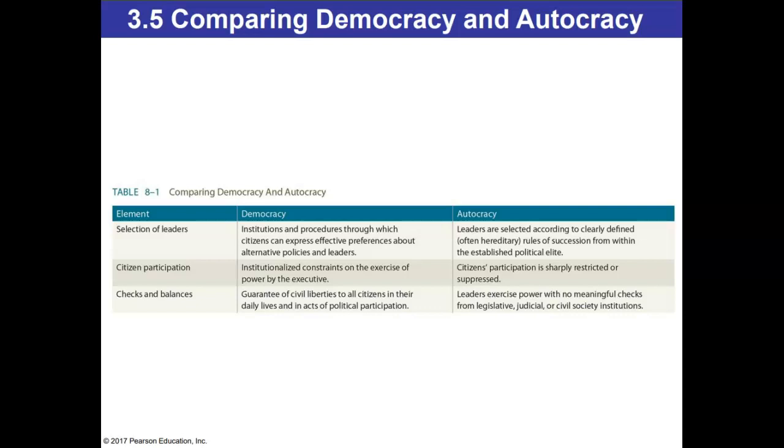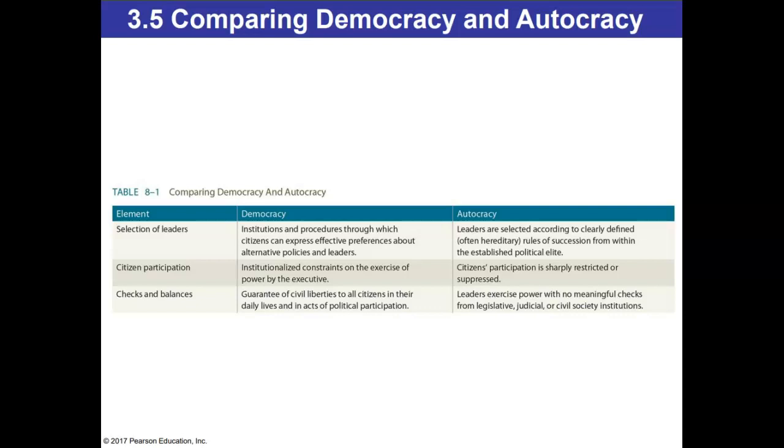And then looking at checks and balances more exclusively in a democracy, that's the guarantee of civil liberties to all citizens in their daily lives and in acts of political participation. Civil liberties are rights that individual citizens have that the government cannot take away from them.